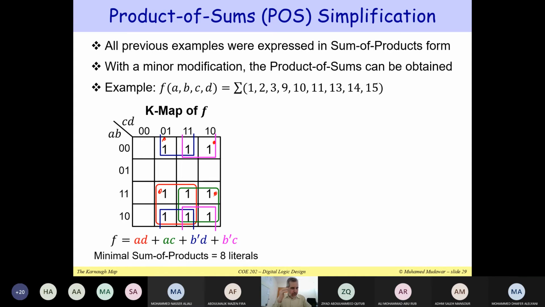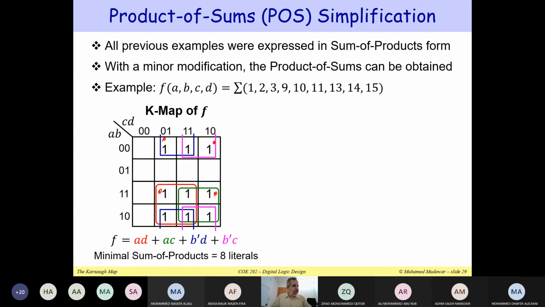Each one of them is essential and has to be part of the solution. There is overlap between them, that's fine, as long as the prime implicant covers a minterm which is not covered by any other prime implicant. It's enough to cover one minterm not covered by the others, then it becomes essential. The point is we would like to cover all the ones of the function.